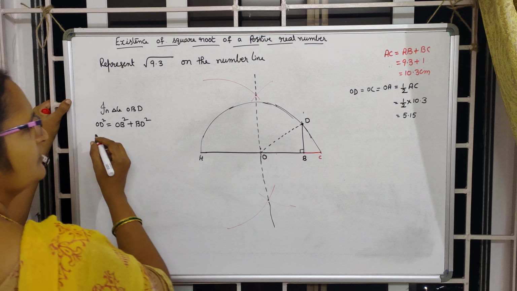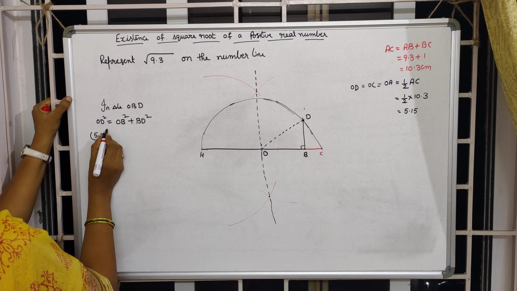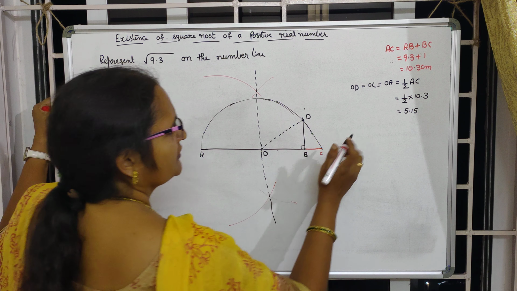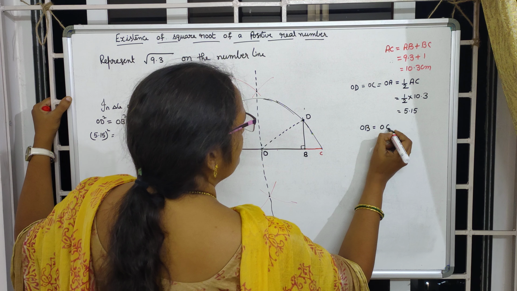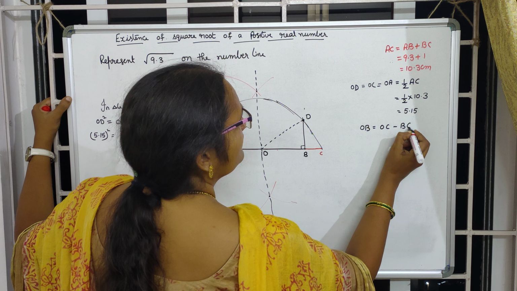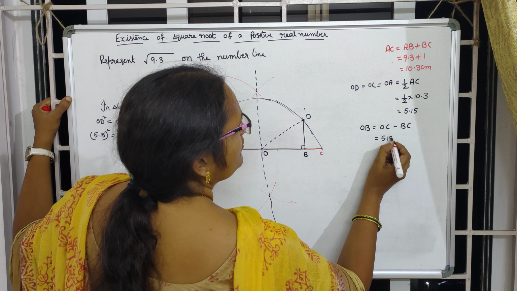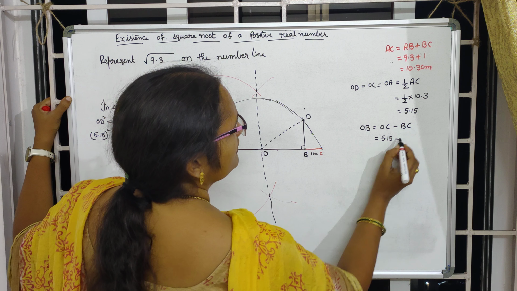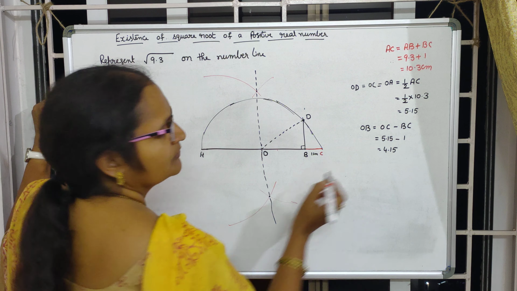So in place of OD I take 5.15 whole square, equal to, now what is OB? Look here. OB can be written as OC minus BC. OC is 5.15 minus BC, and we ourselves extended this by 1 centimeter, so I write 1. It becomes 4.15.